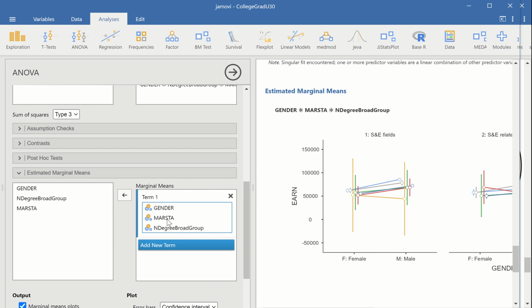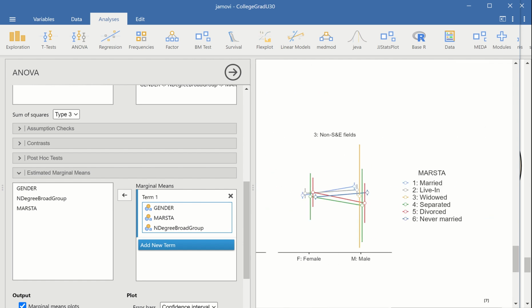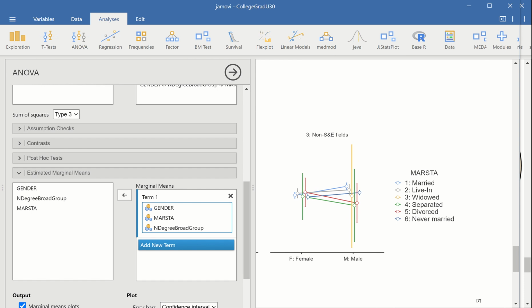So you see how the graphing changes by changing these. We'll take it to the top, and that allows us to look at these in slightly different ways.